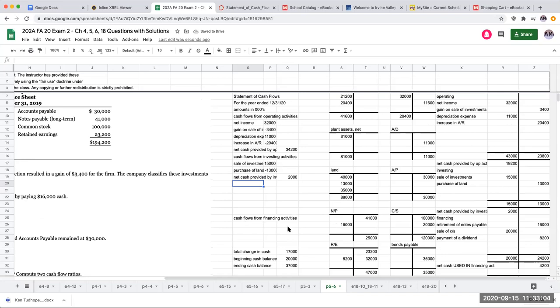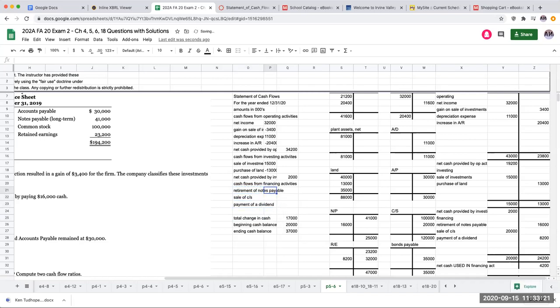And then lastly, I'm going to get to my financing activities. For my financing activities, I had the retirement of a notes payable, I had the sale of common stock, and then I had the payment of a dividend.